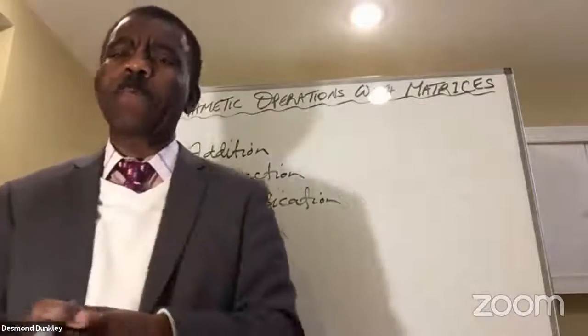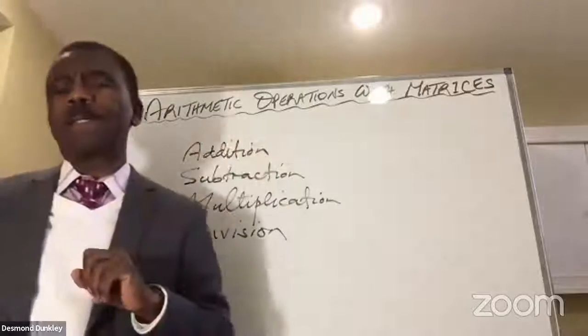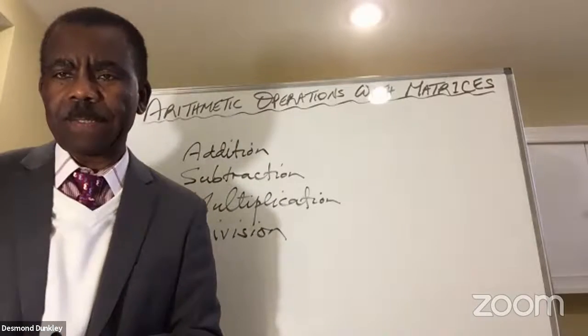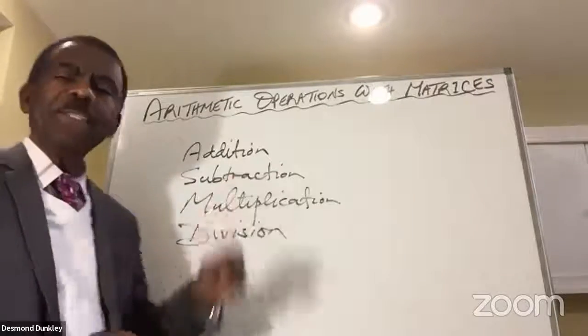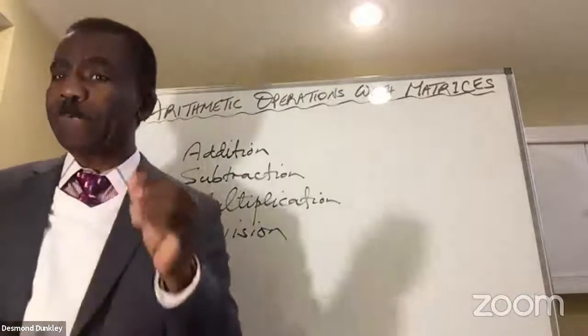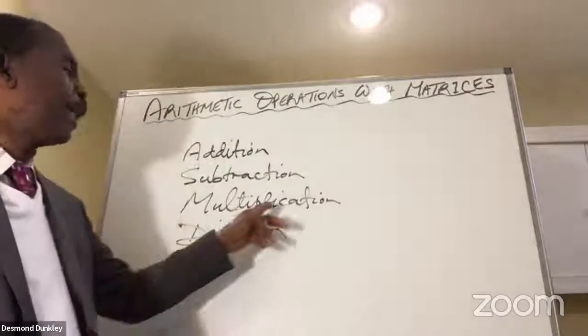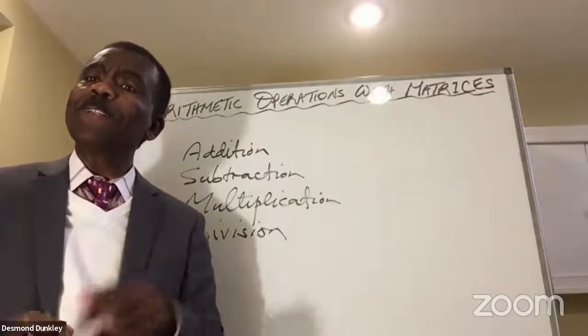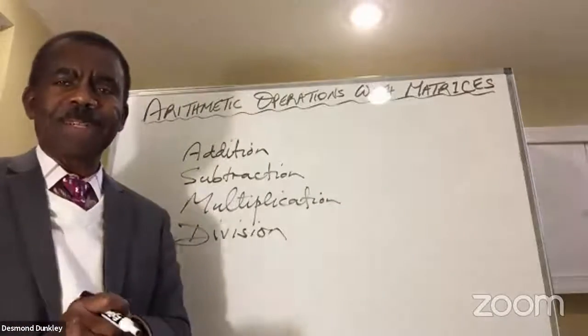But I have news for you. When dealing with matrices, you can add two matrices, but there are conditions. You can subtract two matrices, but there are conditions. You can multiply two matrices, but there are conditions.